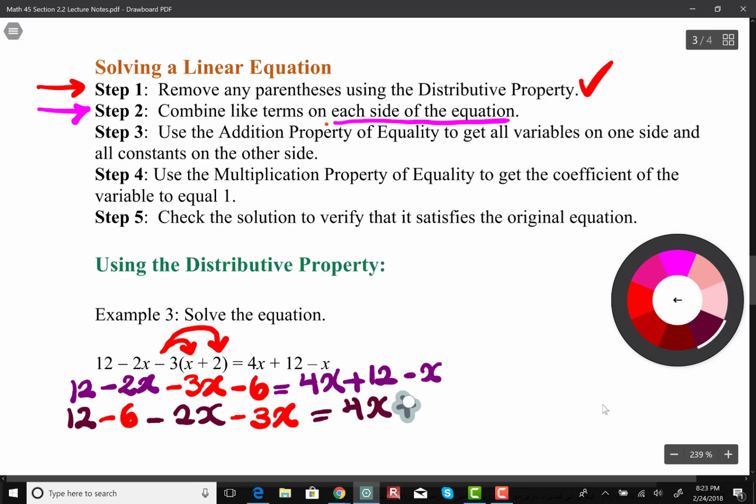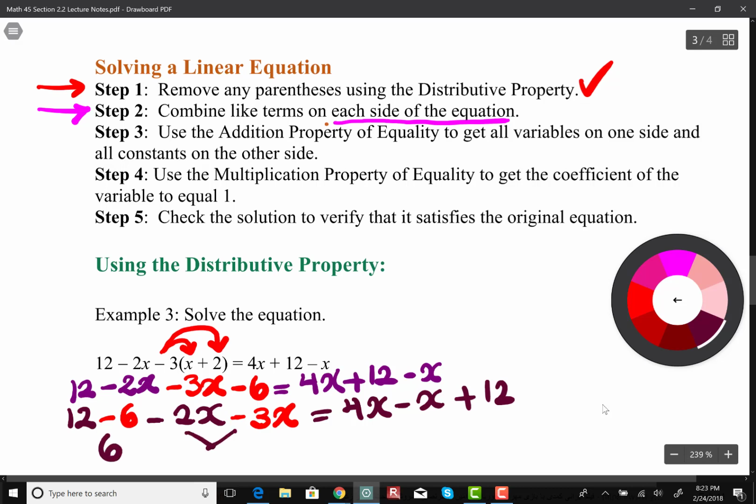On the right side, I'm going to put 4x and negative x next to each other. Those are like terms. 12 is just going to be by itself. Now, on the left side, a positive 12, negative 6 is going to be positive 6.